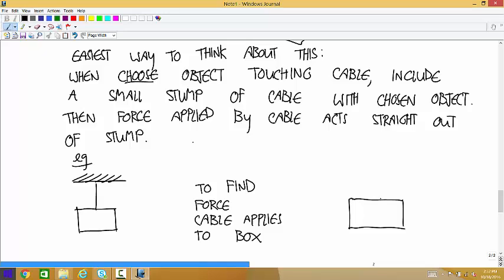Include a little stump of the cable. And then the force applied by the cable comes straight out of that stump, and it has a magnitude of T. You also, in this case, would have the weight acting down, mg. Any questions about this yet?